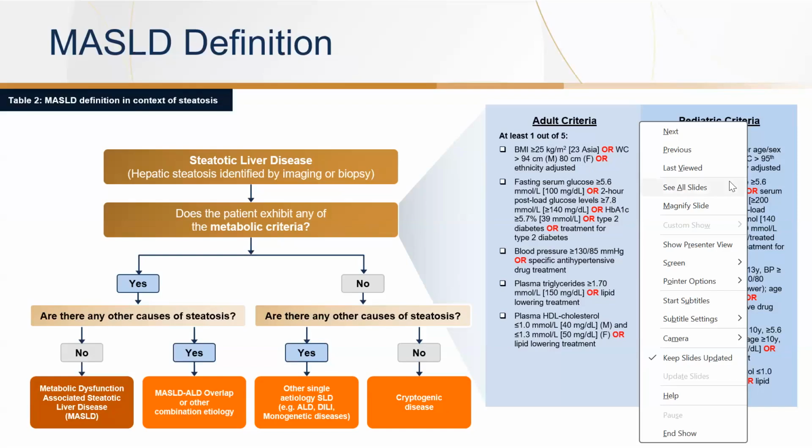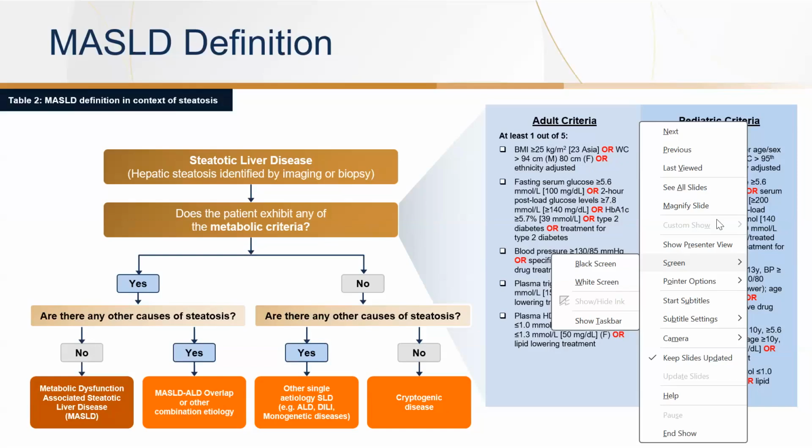Okay. So steatotic liver disease is usually identified either by elevated transaminases, various liver function tests, or by imaging such as an ultrasound, or eventually by biopsy. So when you want to decide if your patient might have metabolic dysfunction-associated fatty liver or steatotic liver disease, you want to see if they have any of the metabolic criteria that can define this disease state.